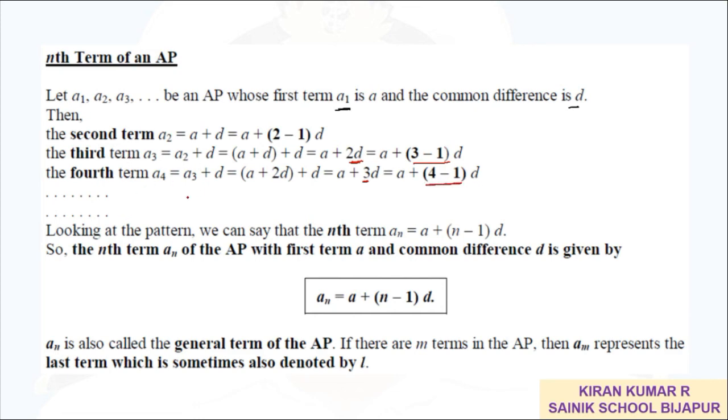If you continue this pattern, when we consider the nth term, An is given by A plus (n minus 1) times D. So the nth term of an AP is given by the formula An equals A plus (n minus 1) times D. This is also called the general form of an AP.